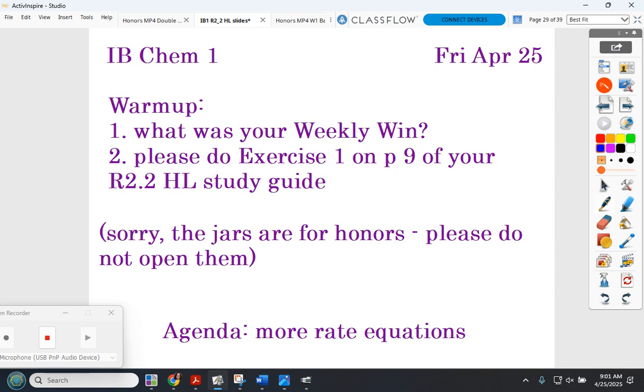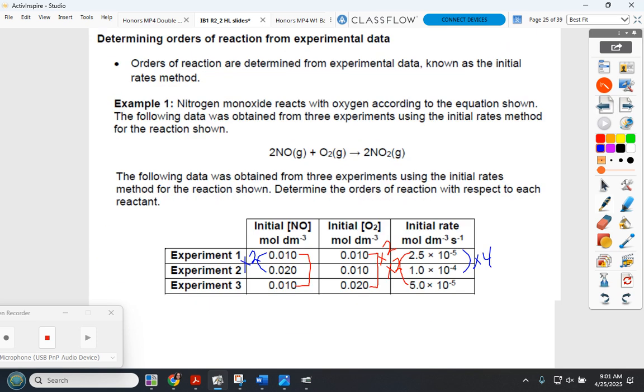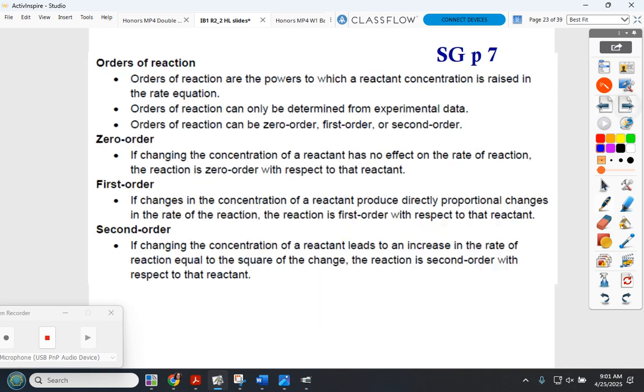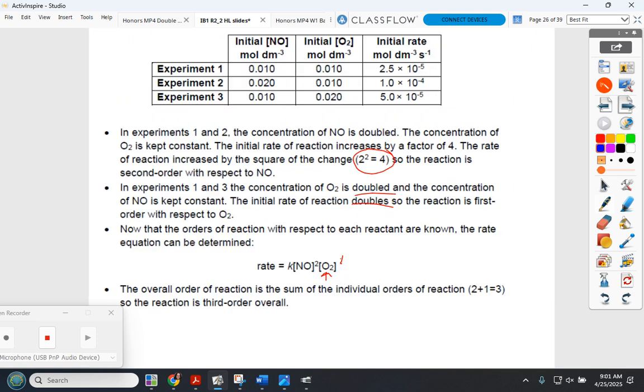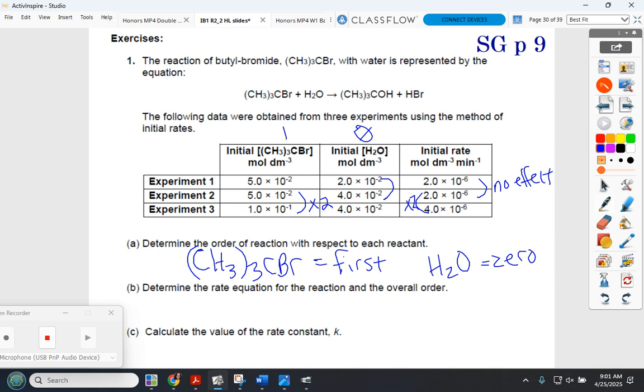We know that we write the rate equation like this. Rate is equal to a rate constant times the concentration of each reactant raised to the power of the order of reaction for that reactant, right? So we can plug in what we know to this baseline equation, right? So how would you write the rate equation?